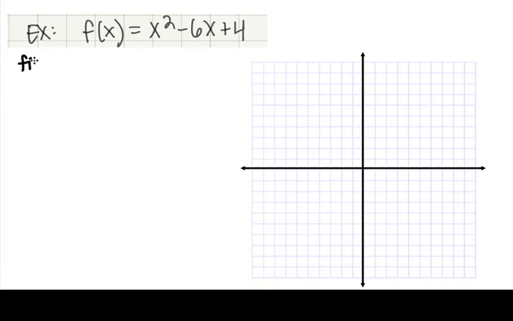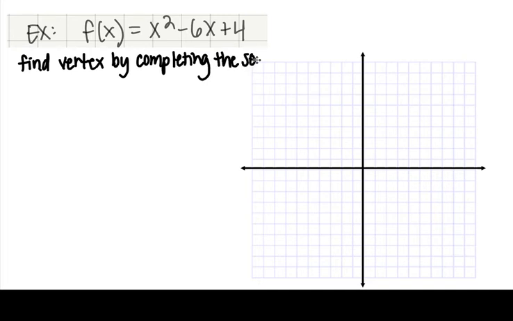So you can find the vertex by completing the square, or by using h equals negative b over 2a. So for this one, I'm going to complete the square.